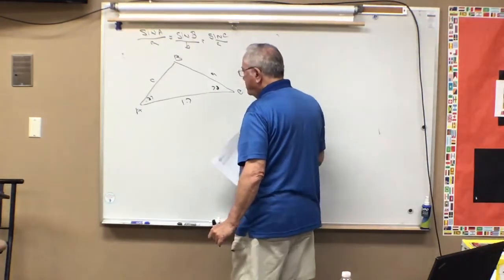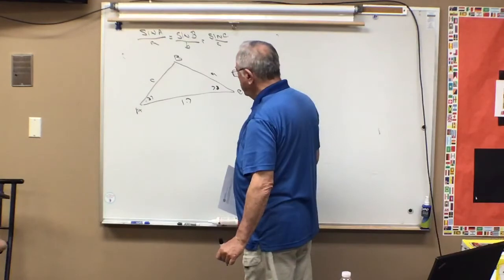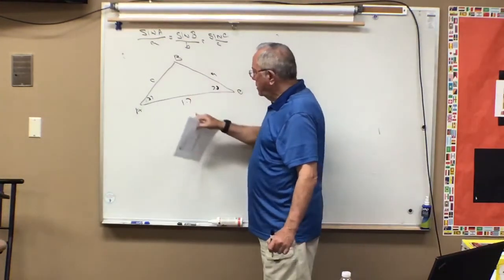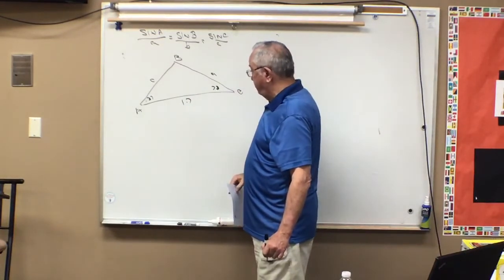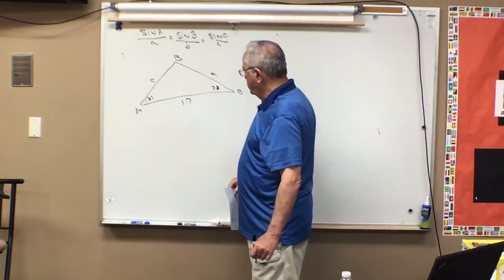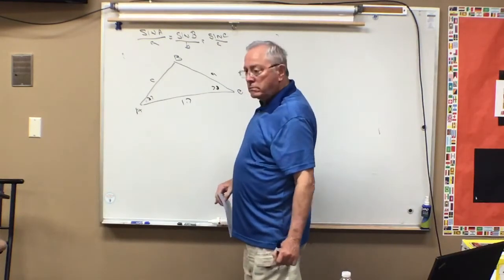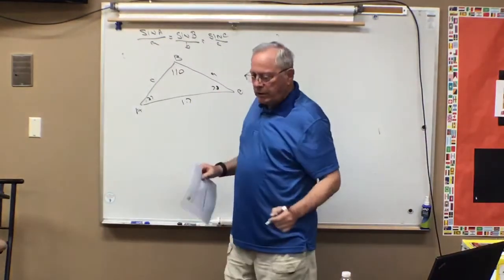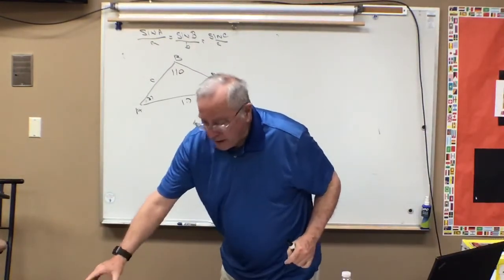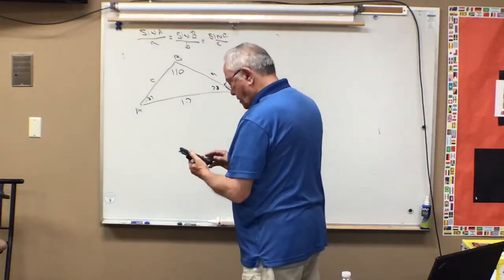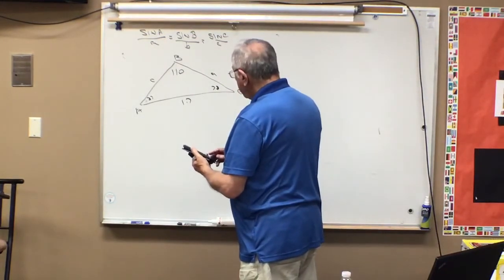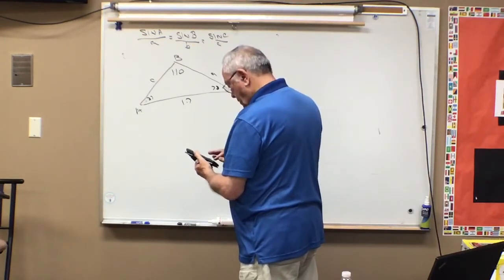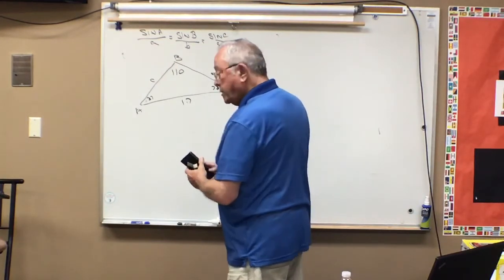Find a. So the problem with this is, though, I need to find this angle here, don't I? Remember I told you, fill everything in. So 37 and 73 is going to be 110. Check it out. I think it's 110. Now I can do the problem, can't I? Fill in everything. Because lots of times they like to give you missing stuff, don't they? So, let's see, 37 plus 73 equals 110.